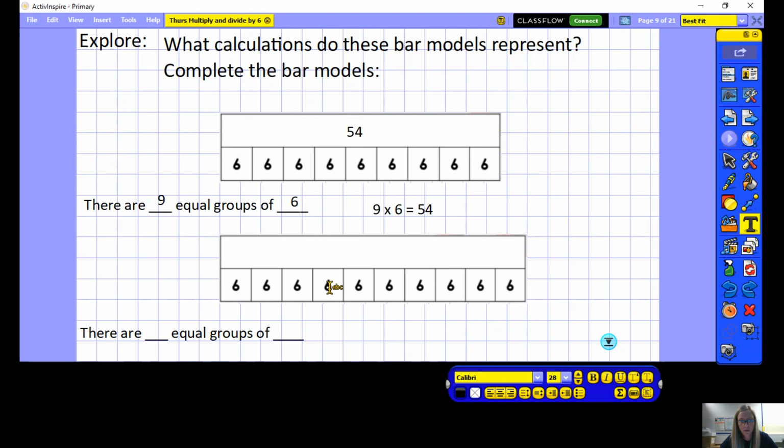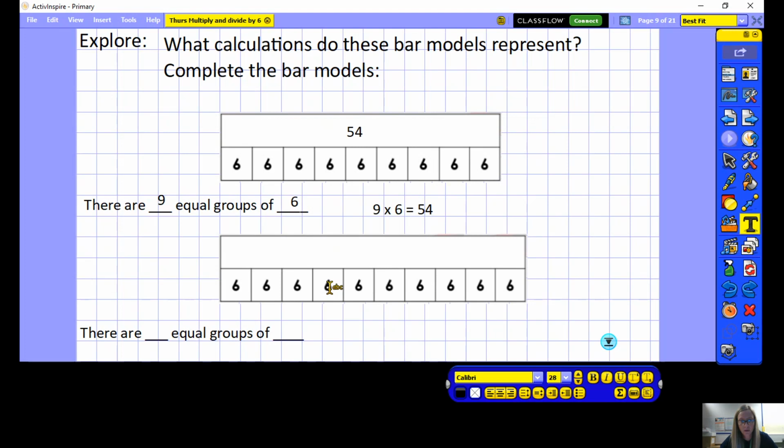In each group I've got 1, 2, 3, 4, 5, 6, 7, 8. So 48 divided by 6 equals 8. So 48 divided into 6 equal groups of 8.